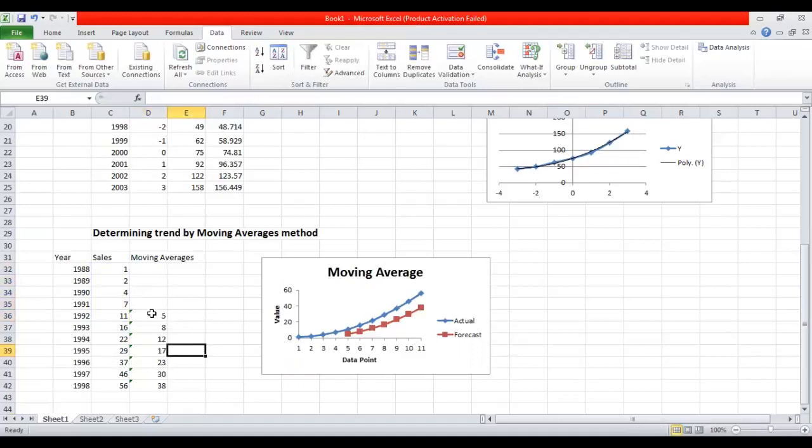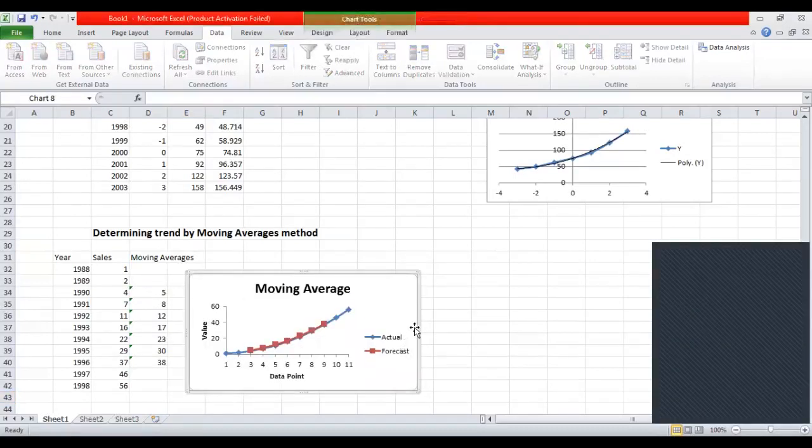Whenever you write the output, it will be displayed like this, but you should know that the output will be displayed from this line. Obviously the trend line will also be changed because we get synchronization between these points. So this is a moving average for an odd number of values.